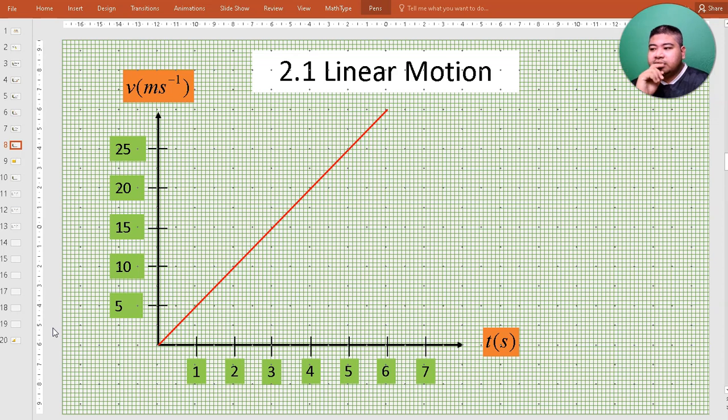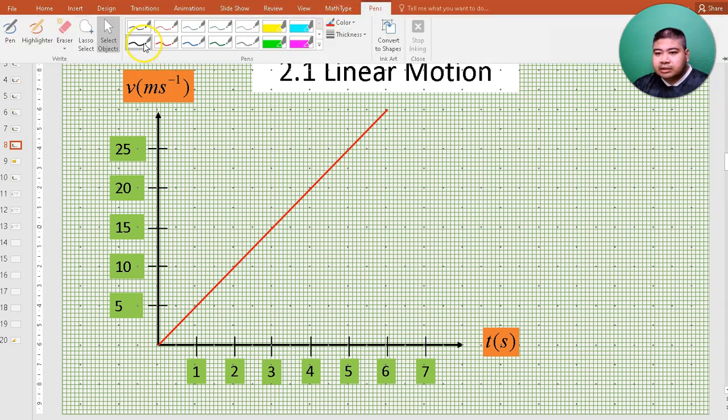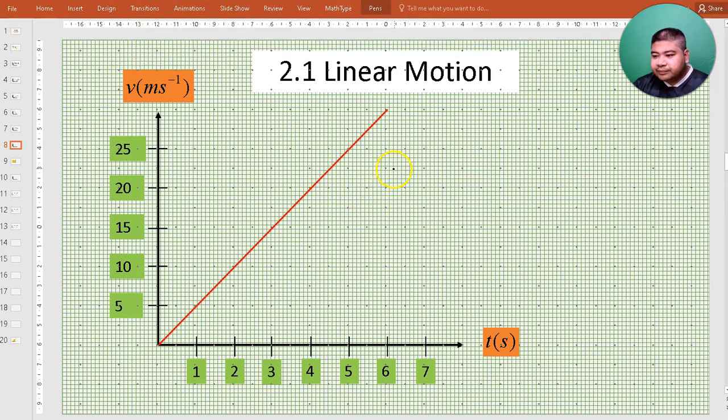Okay, now instead of displacement against time, we replace the y-axis with velocity and the x-axis with time. If we calculate the gradient of the graph, instead of y, we are going to use v2 minus v1 over x2 minus x1.